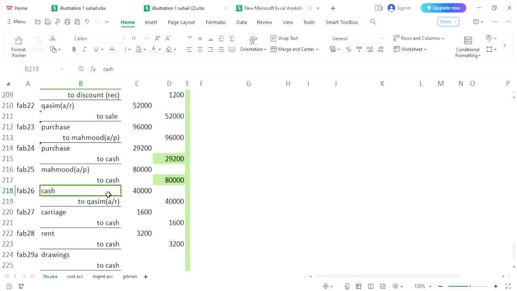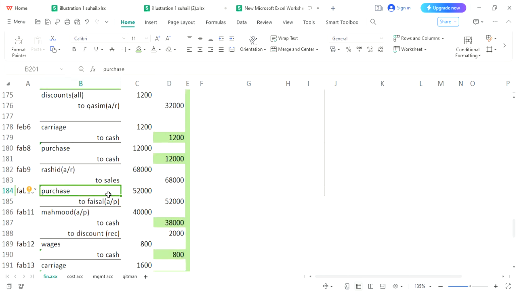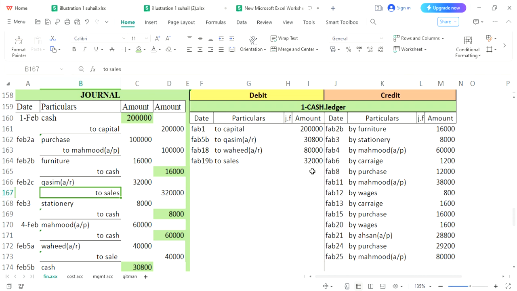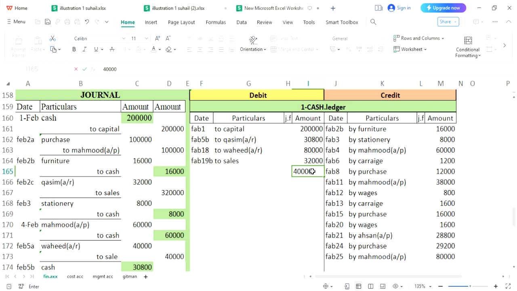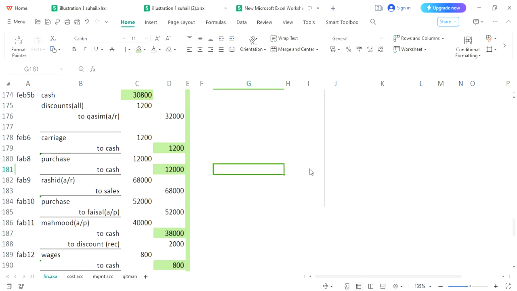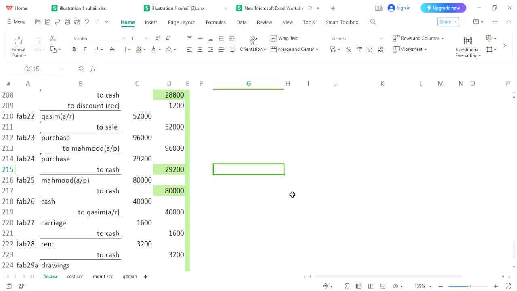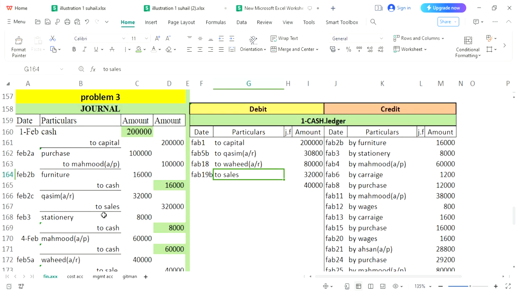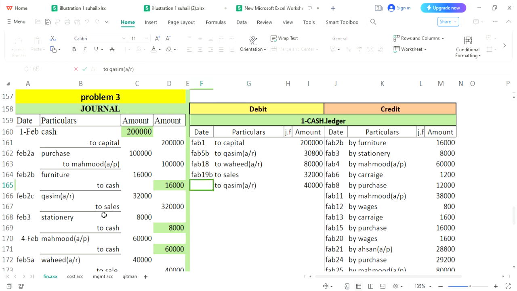Here cash arrived again, debit 40,000. Go to the debit side and write down 40,000 in the amount column. Now it's time to see its reference for 40,000. Qasim is written on the opposite side. It will be used as the reference. So "to Qasim" on the debit side.